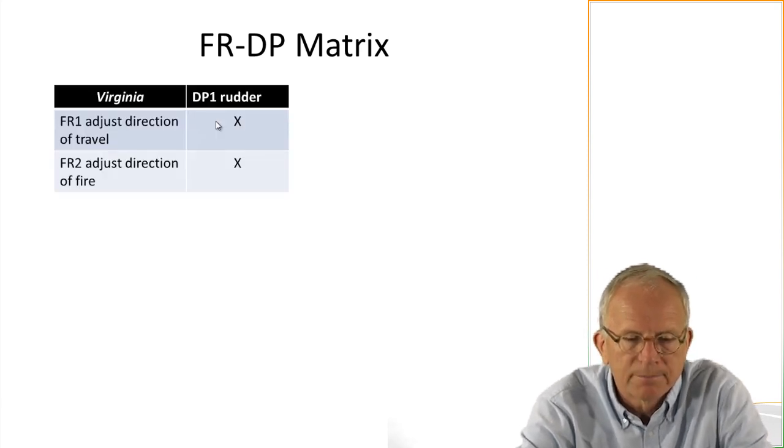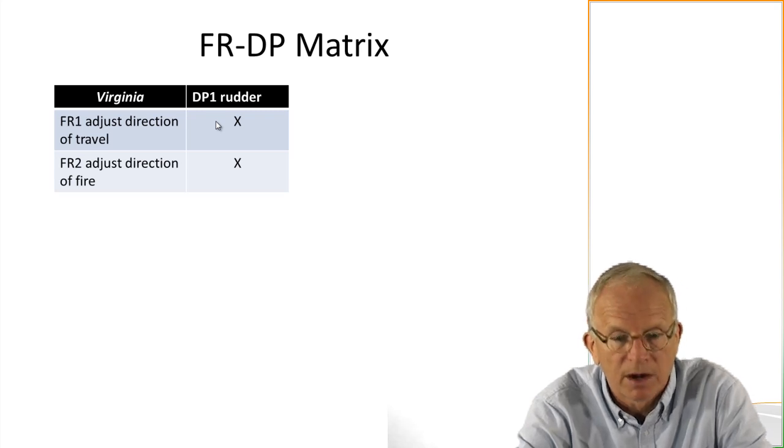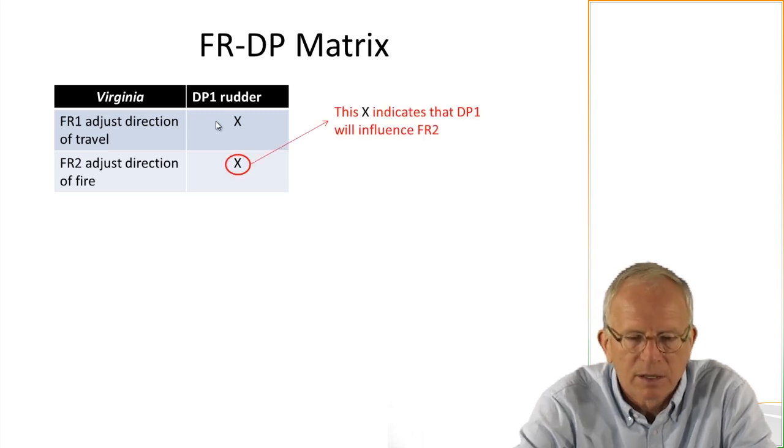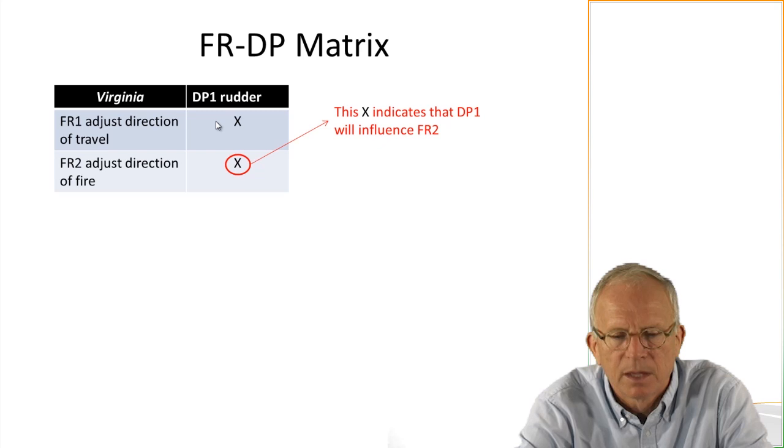So here's the design matrix for the Virginia. Looking at the FRs down the left side, adjust direction of travel and adjust direction of fire, you do both with the rudder on the Virginia. So this is inherently a coupled design.